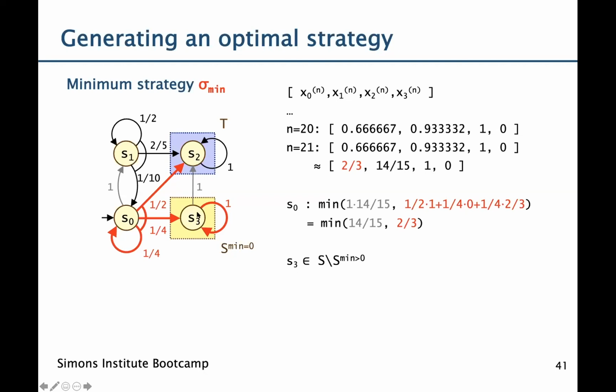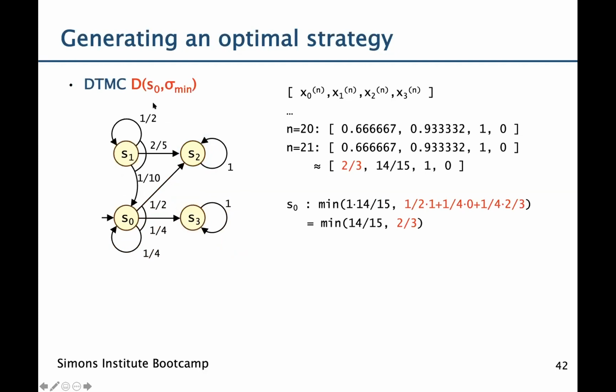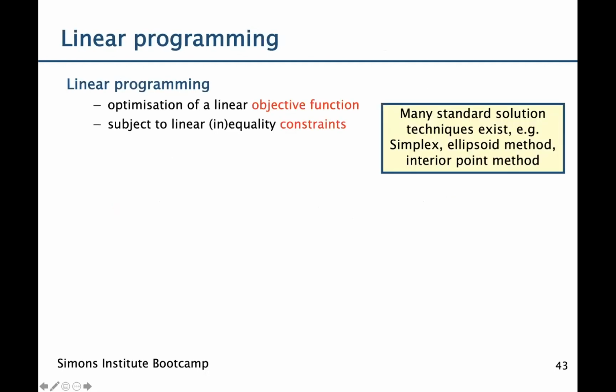Obviously, if we took this one, then we'd get there with probability 1. So therefore, this induces this DTMC, which yields these probabilities as well. So now let's go on to the second approach, which is based on linear programming.